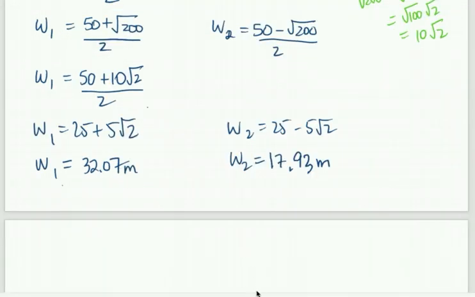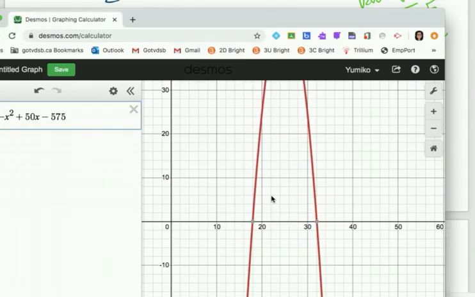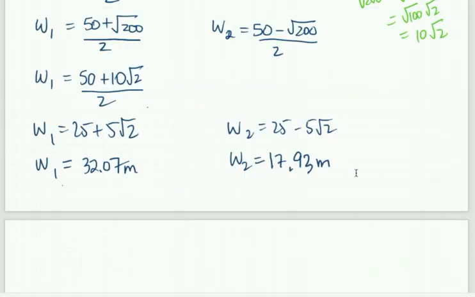So if we go back to the graph that we graphed in Desmos here, and just hover over those x-intercepts, we'll find one was 17.9 and this was 32.07. So we ended up with the same values as Desmos, but we did it through using algebra and the quadratic formula. But we're not done here yet.